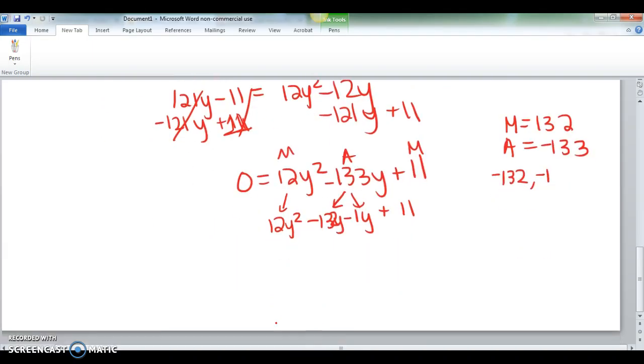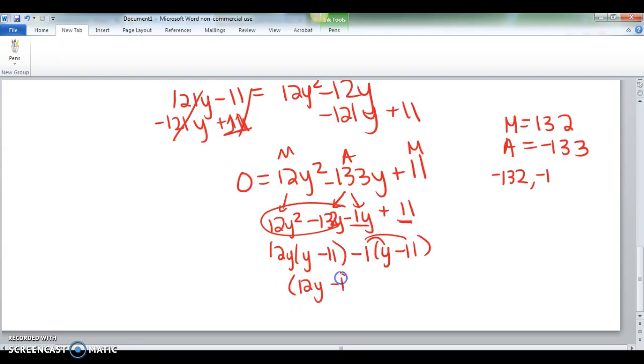When you circle these, what's common is 12y, then you open up parentheses, y minus 11, since 132 divided by 12 gives us 11. Then minus 1, y minus 11. Negative 1 times y is negative y, negative 1 times negative 11 is positive 11. So then we have (12y minus 1)(y minus 11) equals 0.